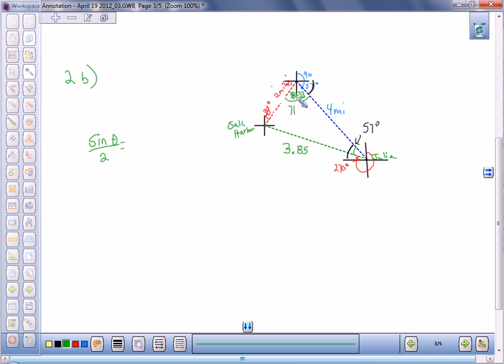The 33 plus the 38 gave us that 71, so it would be sine of 71 over the value we just solved for in A, which is 3.85. We cross multiply and solve, and we get theta is approximately 27.5 degrees.